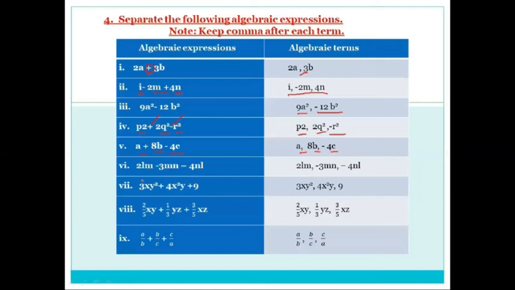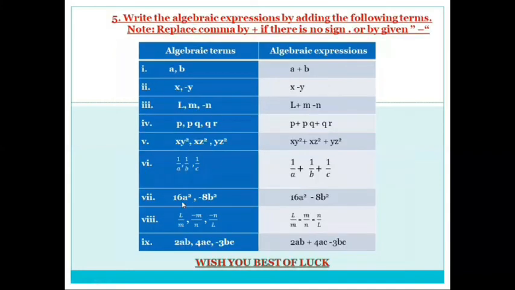Dear students, here 2lm, minus 3mn, minus 4nl. In the same way, you only have to place the comma: 2lm comma, minus 3mn comma, minus 4nl comma. No need for plus, but minus is important to place for each term.